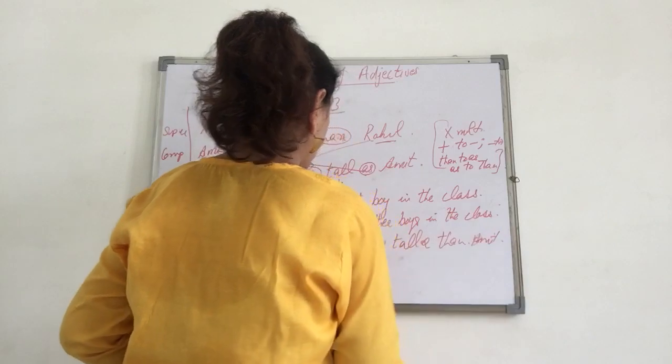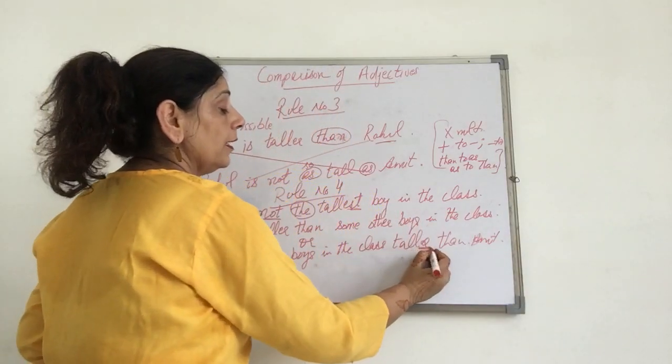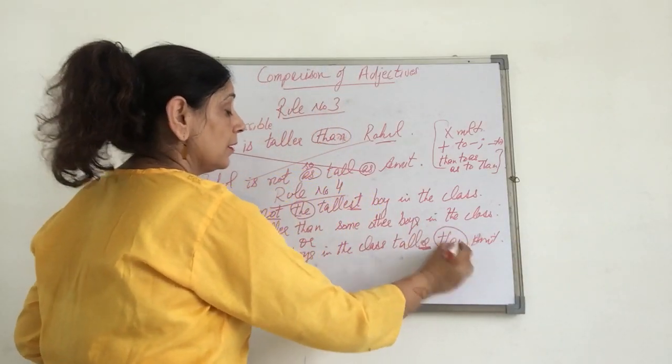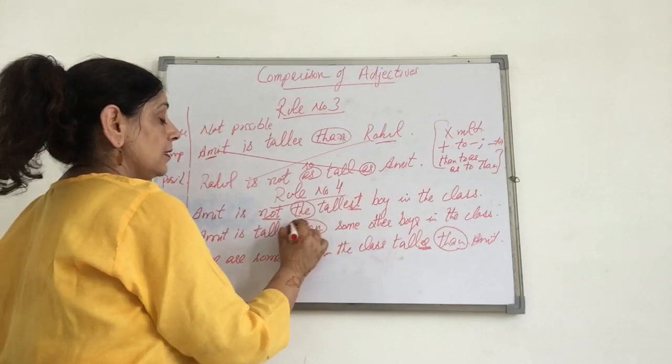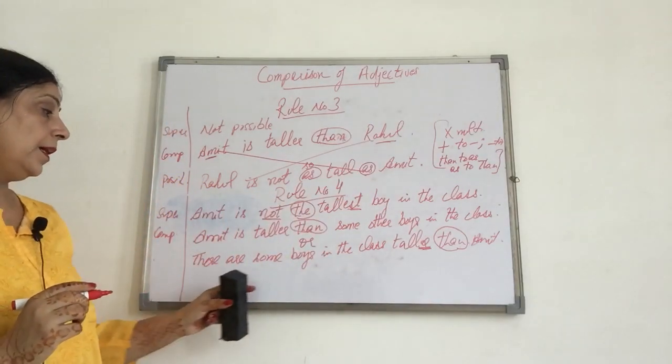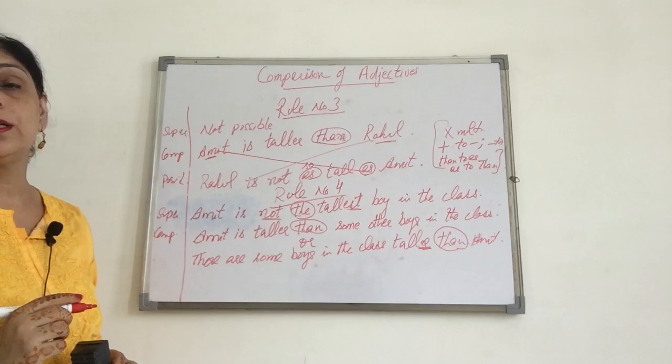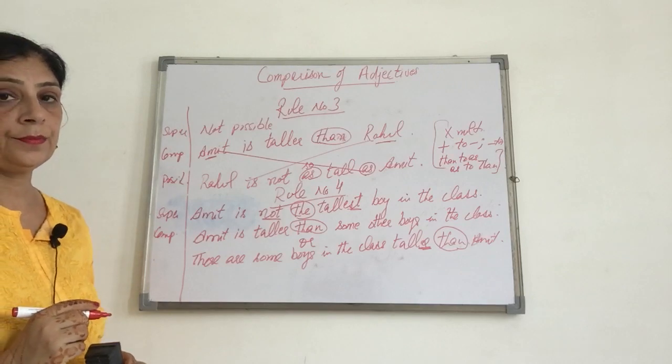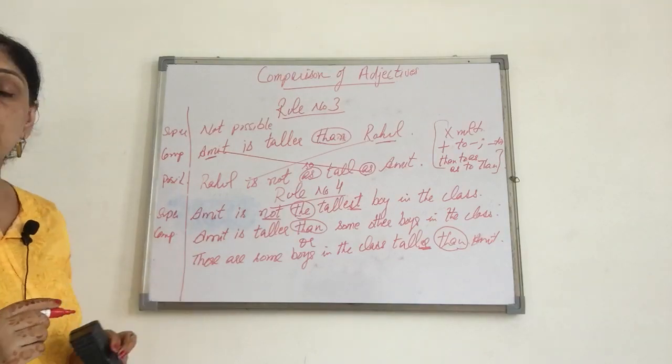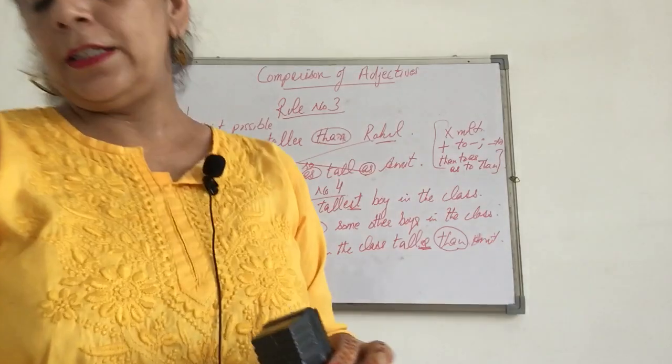These are two ways of doing the negative sentence. That is the compulsory word. There are some boys in the class taller than Amit. Right? These are the two ways how you can do the comparative sentence.